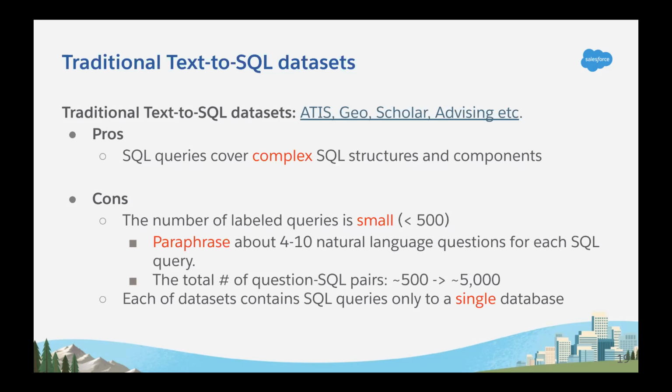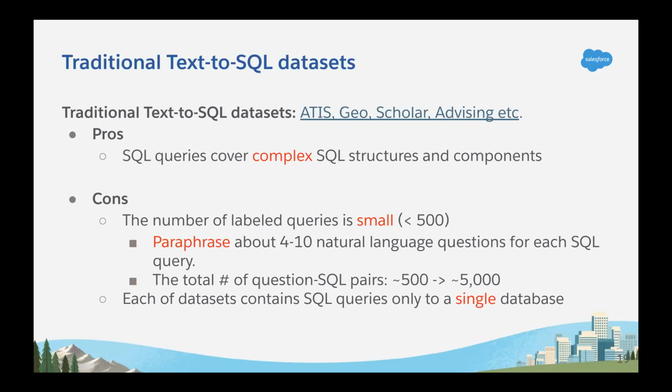But you have data, so our pioneer researchers could start text-to-SQL research. The good thing about those datasets is that they provide data and cover complex SQL structures and components. The negative is that the size of the labeled queries is very small, usually less than 500, which means you cannot use it to train a large model.